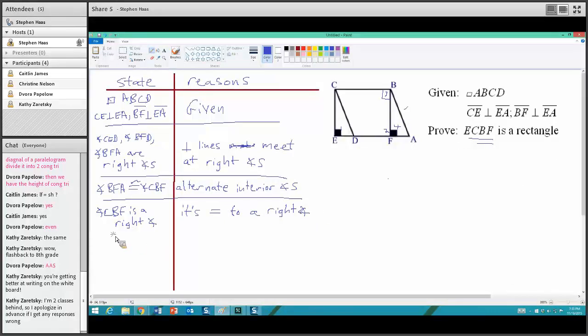Once we have that, then we can say right away that ECBF is a rectangle, and the reason we'll say is it has 3 right angles. And of course, once you have 3 right angles, it's implied that it has to have a 4th right angle.